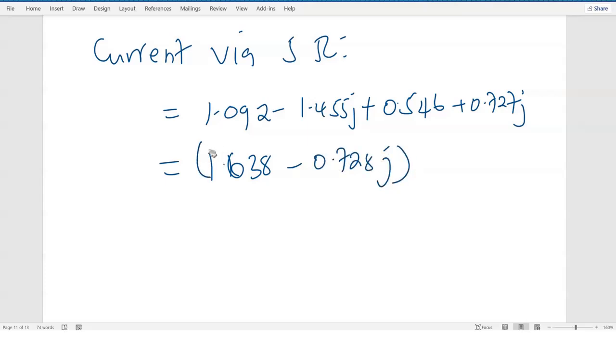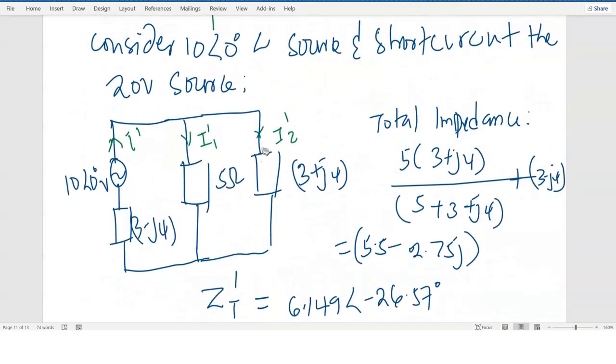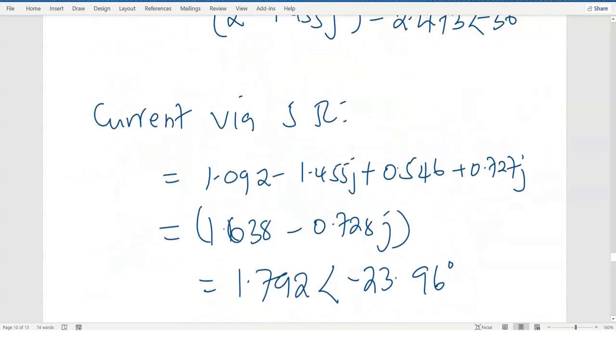I want to convert this to polar form, and this is going to give us 1.792 at an angle of negative 23.96 degrees. So that is it, dear friends. That's how we could calculate the values in each of these branches. Thank you.